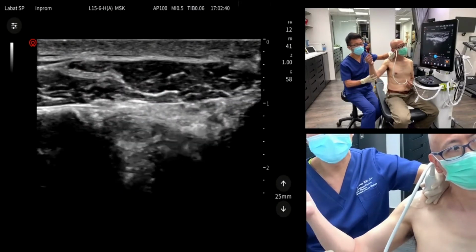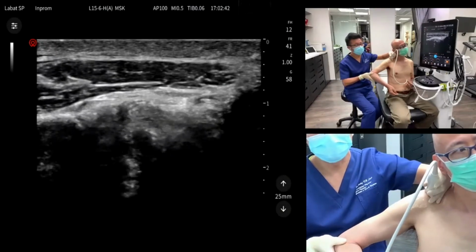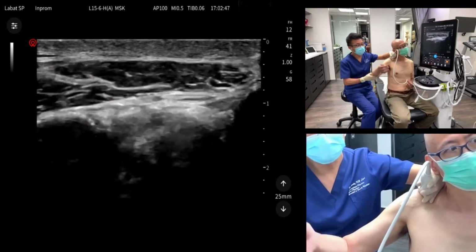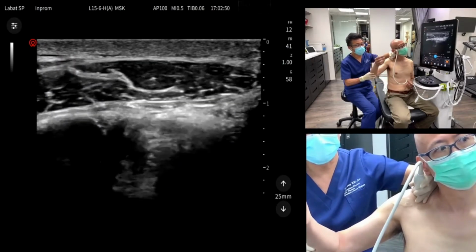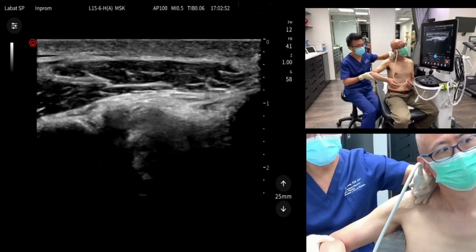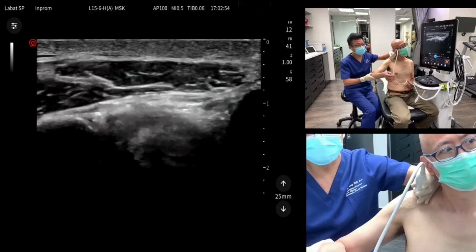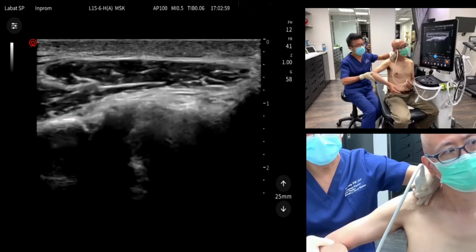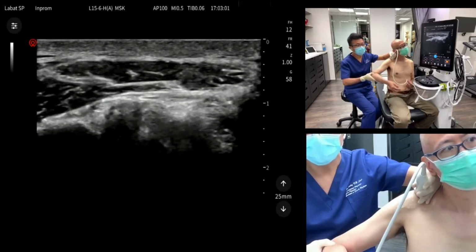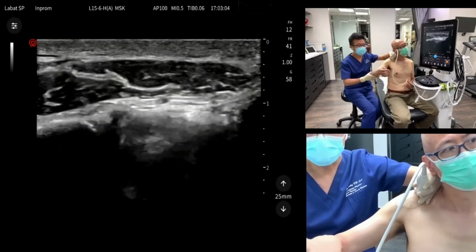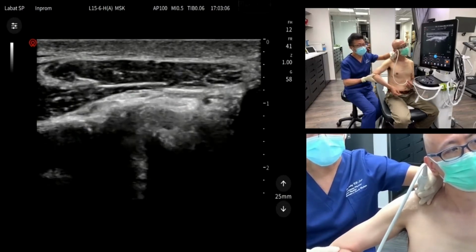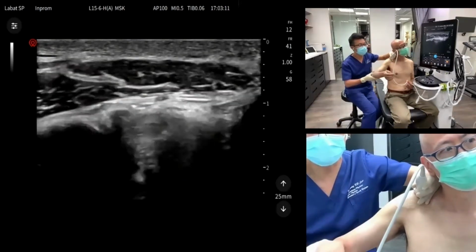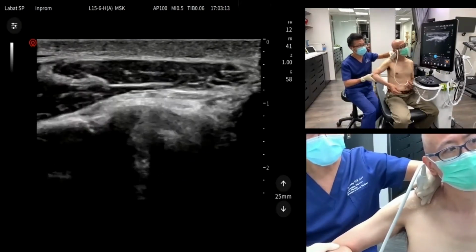Each time I'm doing this internal rotation, you can see the humeral head right now is underneath the coracoid-acromion ligament. And each time you're doing external rotation and internal rotation, you can see the humeral head is hitting the coracoid-acromion ligament, and there is friction against it.